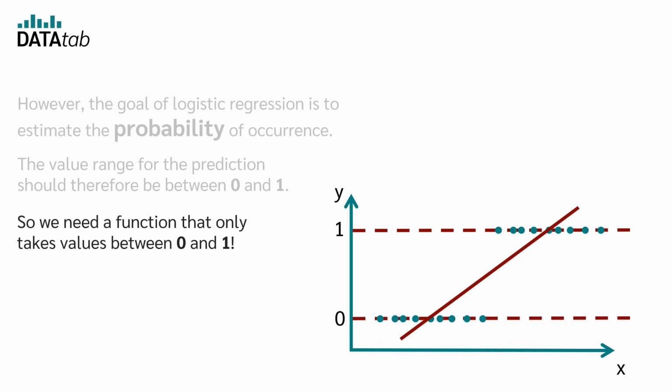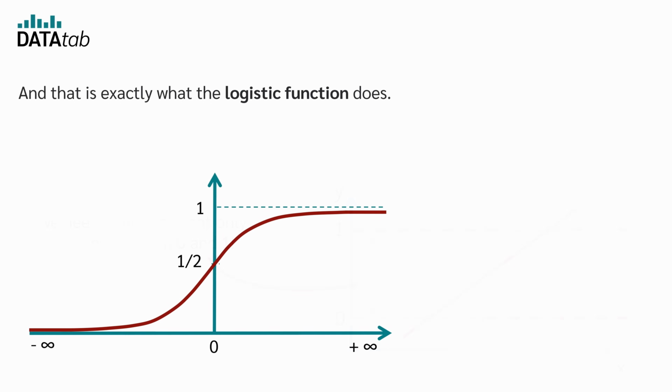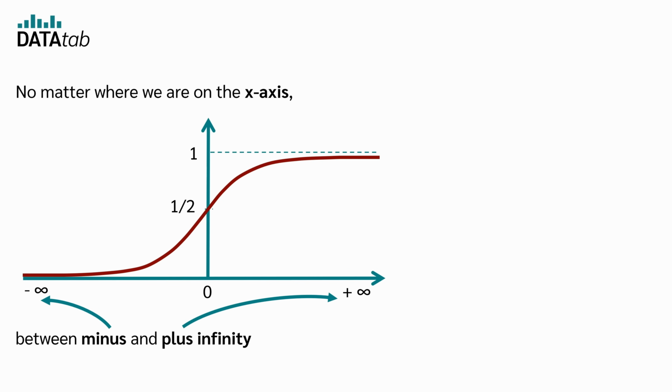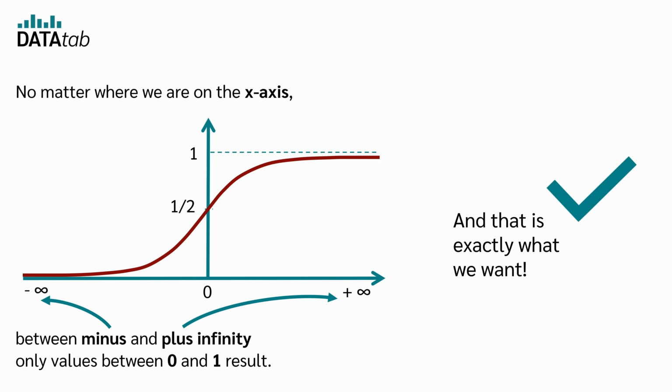So we need a function that only takes values between 0 and 1. And that is exactly what the logistic function does. No matter where we are on the x-axis, between minus and plus infinity, only values between 0 and 1 result. And that is exactly what we want.